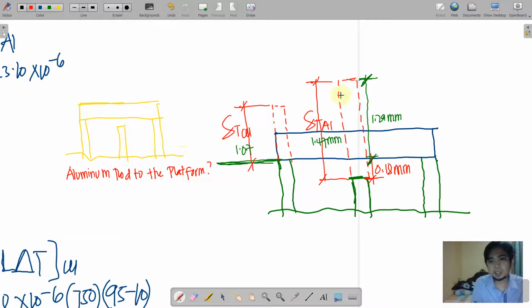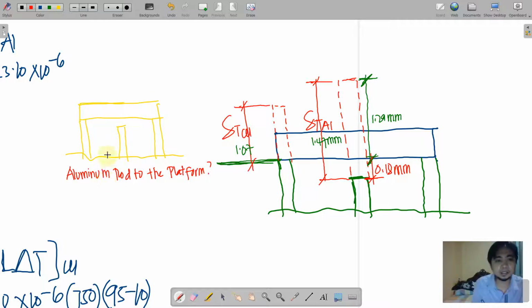So as we can see, the extension is much greater than delta T. Therefore, this platform is locked on the aluminum rod, meaning it is restraining this from going up. However, this aluminum tends to push our platform here. Okay?